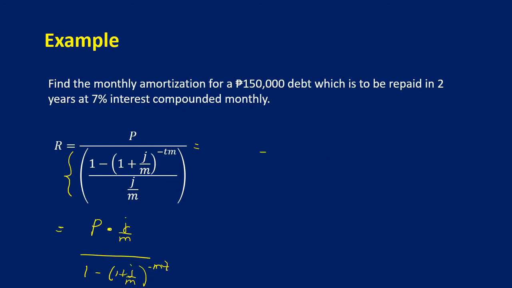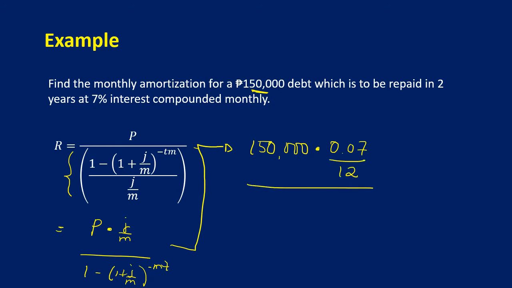Okay. Let us now plug in. So my original debt, my P, 150,000 times 0.07 over 12 all over 1 minus 1 plus, my j is 7%, over 12 raised to negative 12 times 2, monthly for 2 years.